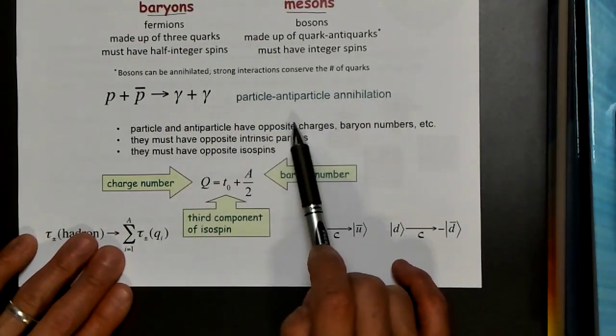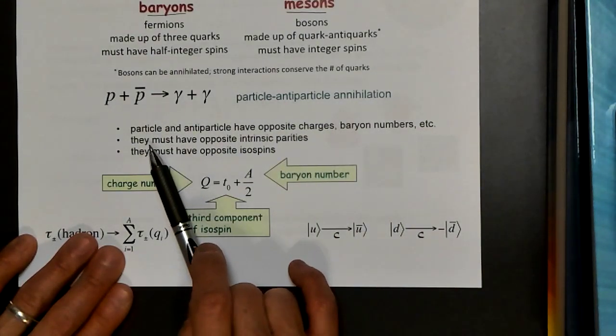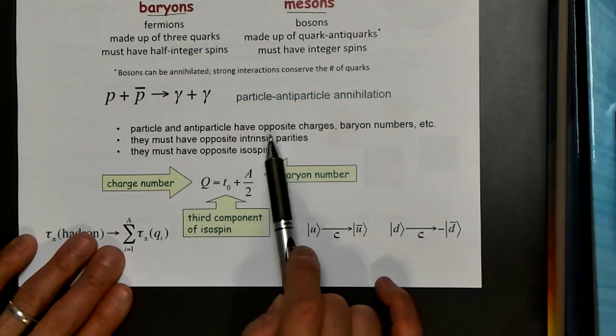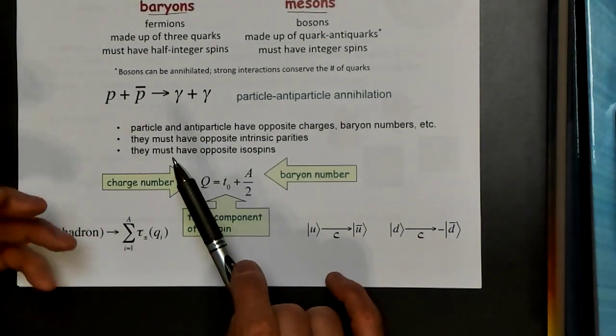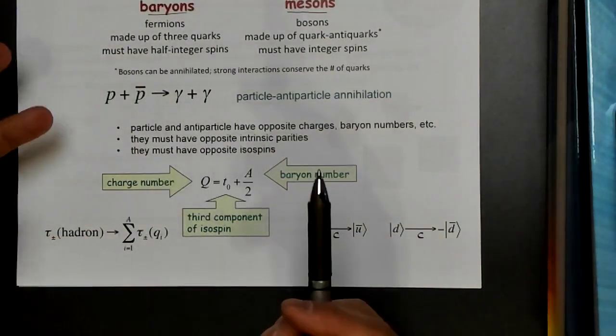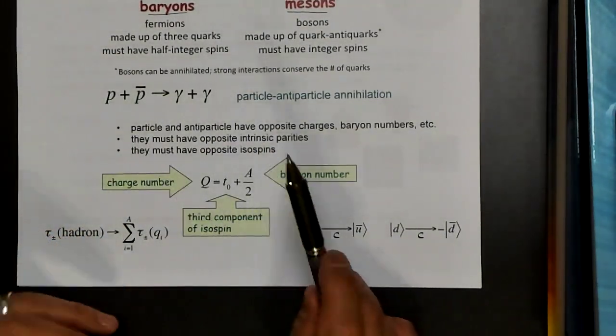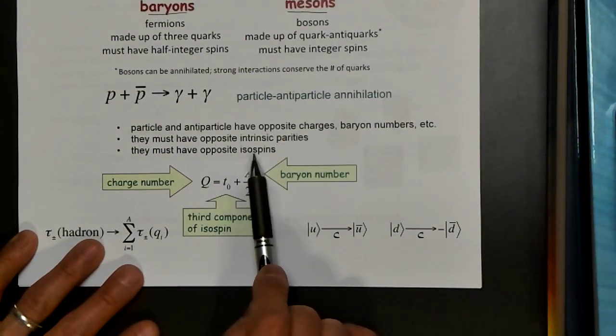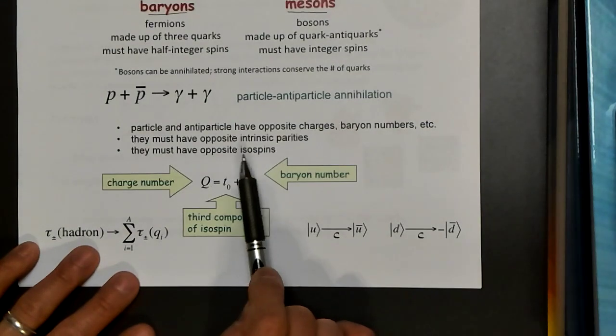There are no negative mass particles. They must have opposite intrinsic parities. For example, if the quark has, let's say, one parity, then the antiquark must have the opposite parity to it. And they must also have the opposite isospin.